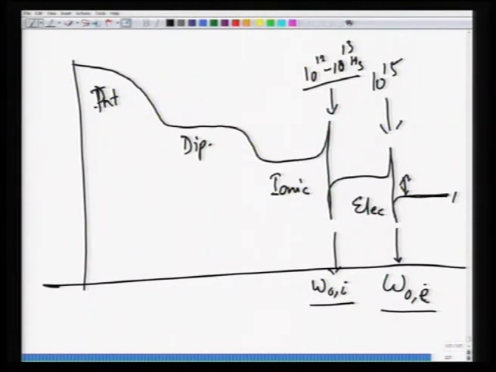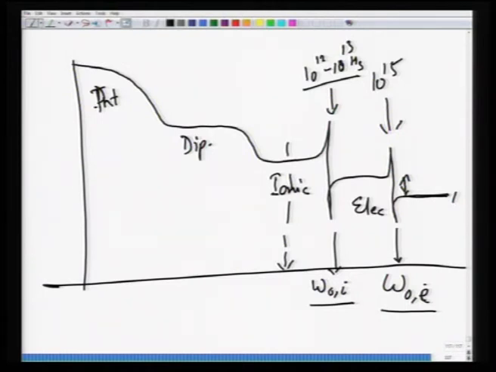The moment you reach omega naught I, the ions also start responding because the frequency has become smaller, so the ionic polarization mechanism also starts contributing. Here, when you are operating at some frequency like this, both ionic and electronic mechanisms operate.